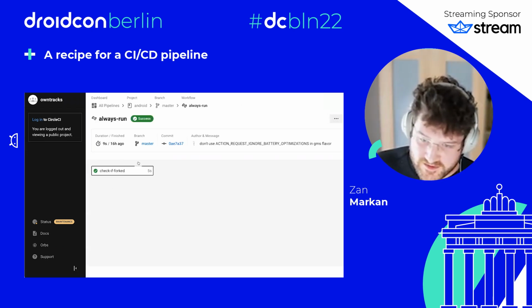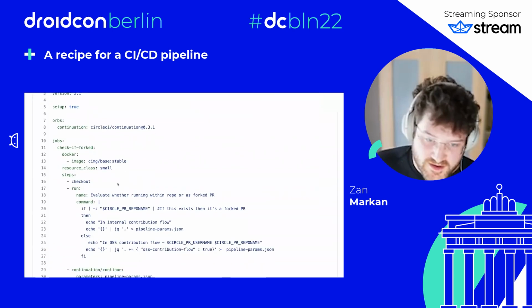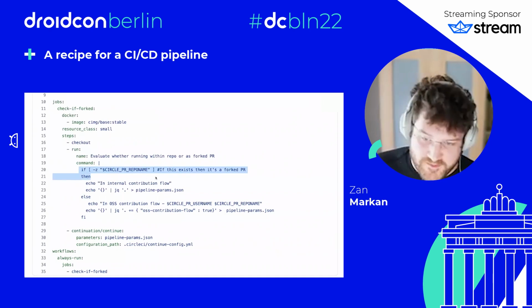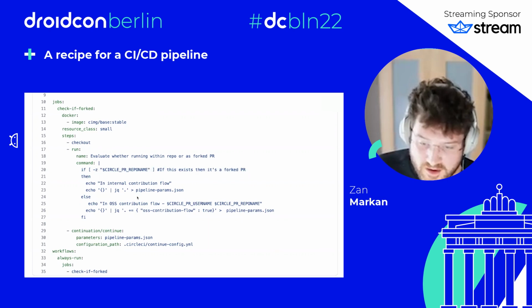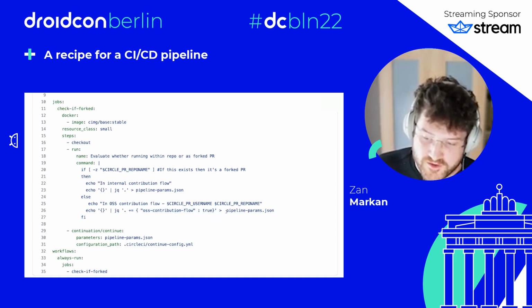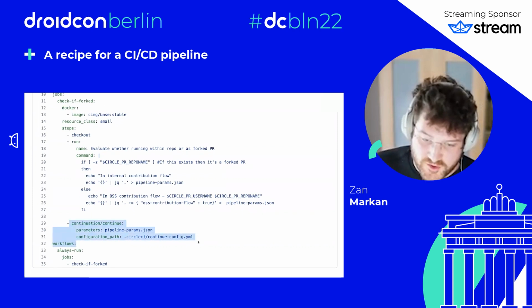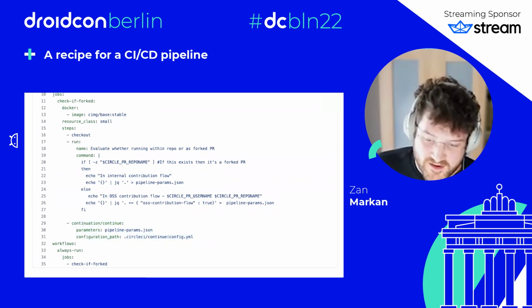And that's a very quick 5-second job in this case, which just checks the repository name in a built-in environment variable. And if so, you inject this OSS contribution flow as a pipeline parameter, which is then passed to this continuation pipeline with these parameters.